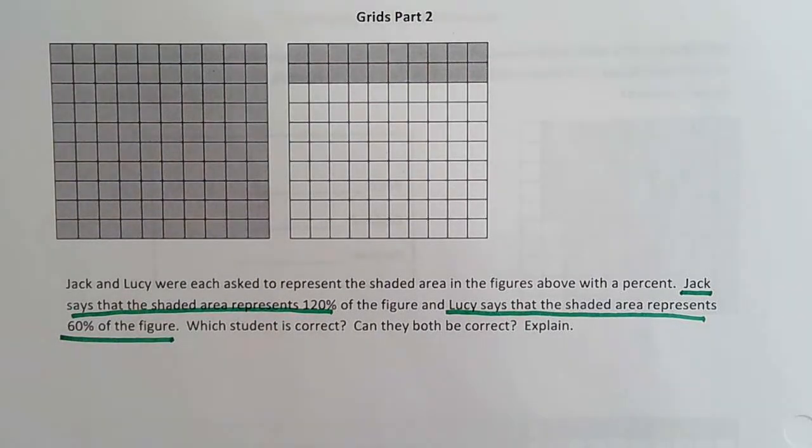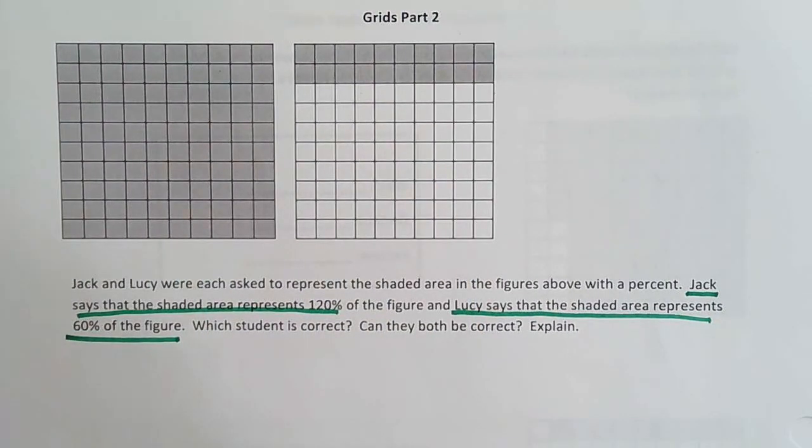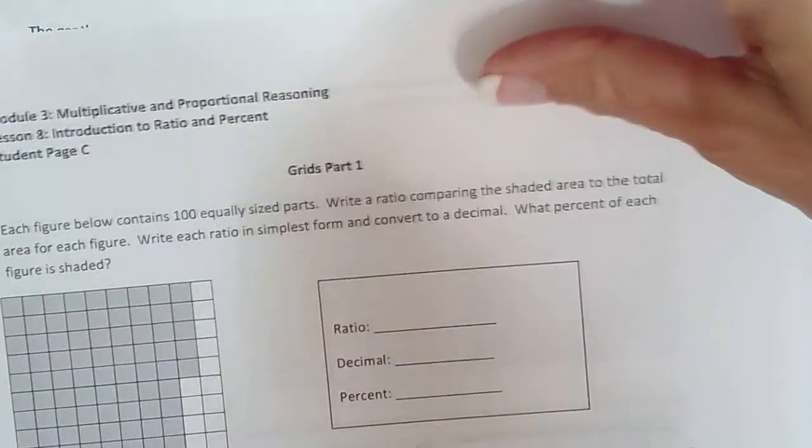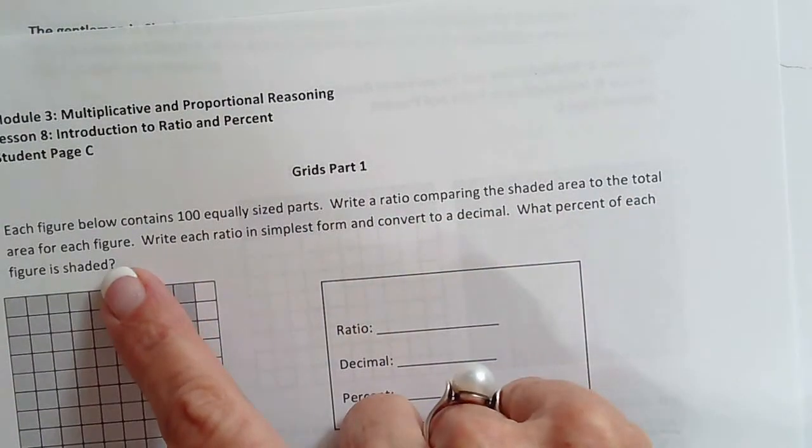So my first thought is, oh yeah, it's 120%. But guess what? I don't know what the whole is. Is this the whole? Or are two of these the whole? And that's the whole basis for this problem. If you look on these before, it says total area of the figure.